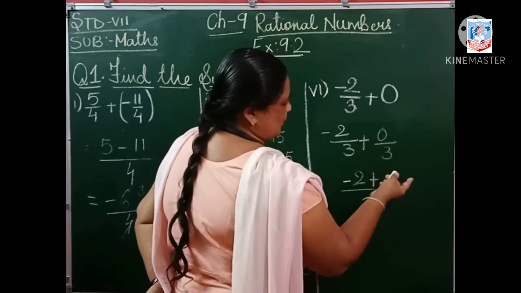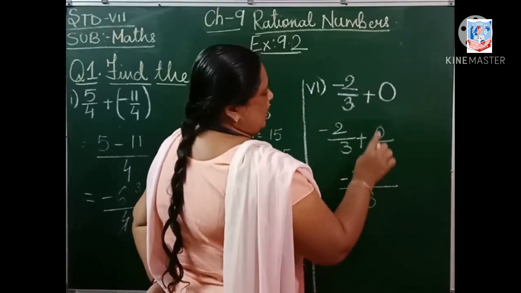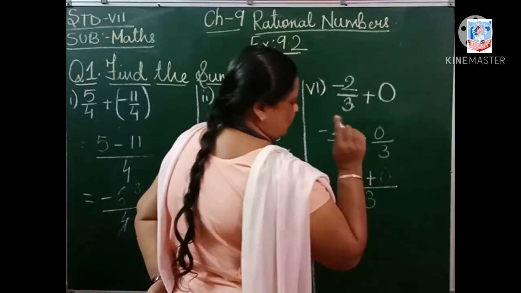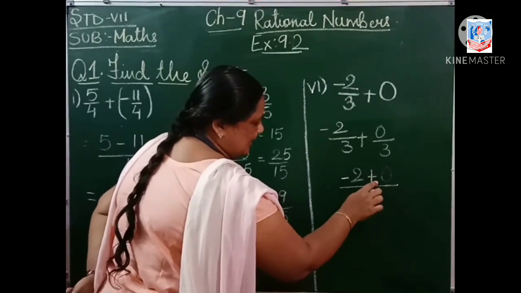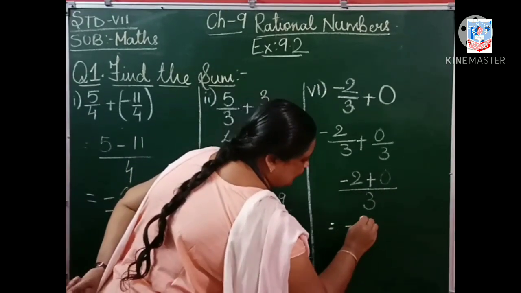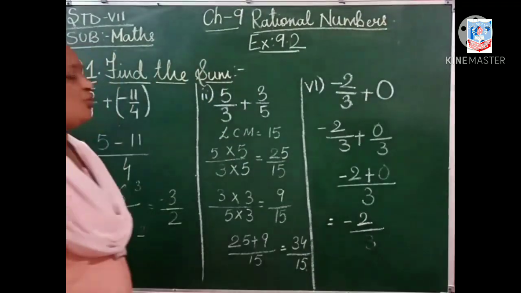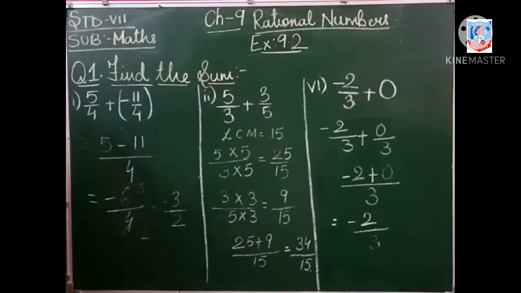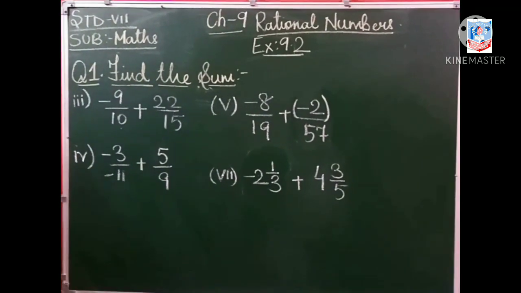Plus here also 3 into 1 is 3 and 0 into 1 is 0. Okay. So minus 2 minus 0 is 2 and the greater sign is minus. So your answer is minus 2 by 3. This is your homework.